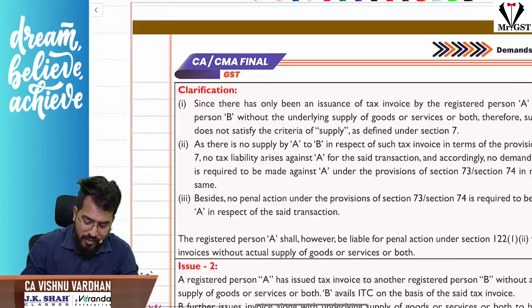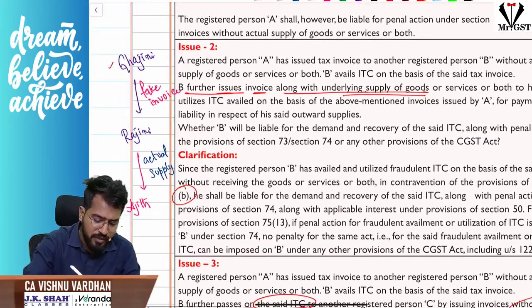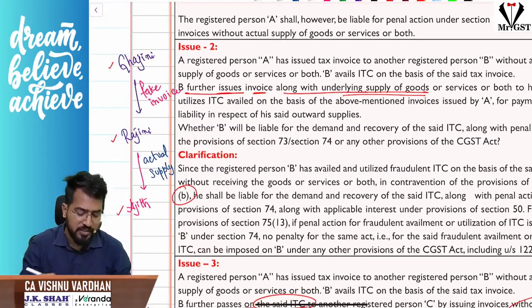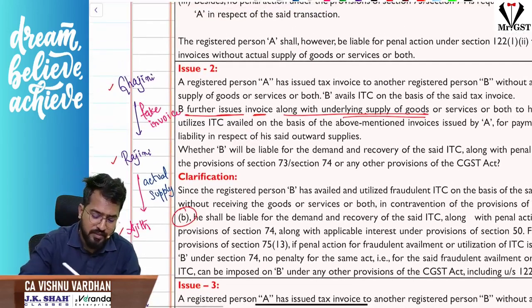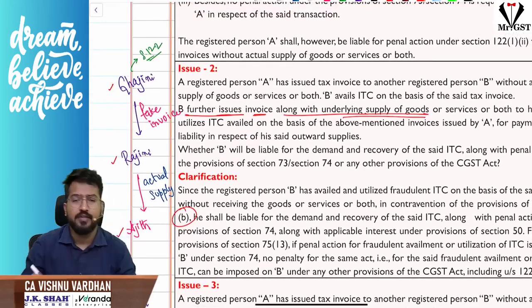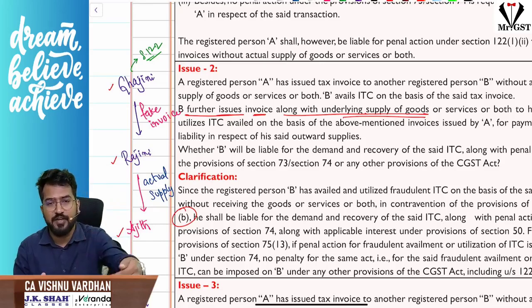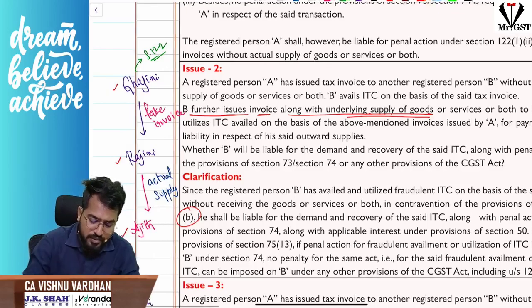Next, another doubt arises: Gajini is issuing fake invoices to Rajini, and Rajini is actually supplying goods or services to Ajit and using that ITC. Now, as I already discussed, Gajini will be subjected to section 122 penalty, because there is no actual supply; issuing fake invoices is an offense committed as per section 122. Next, what is Rajini doing?